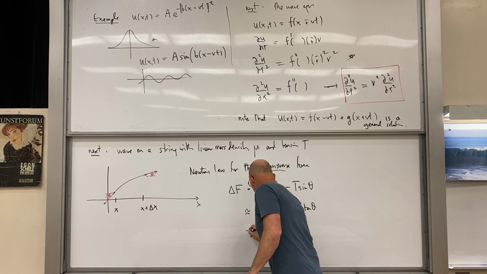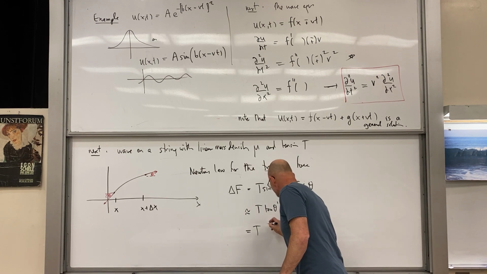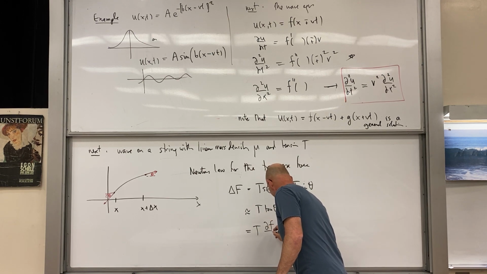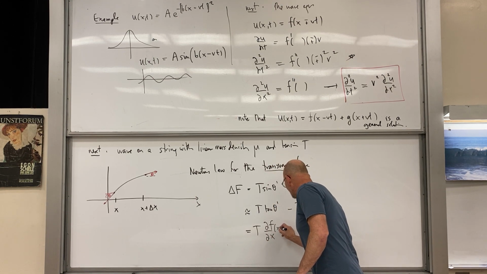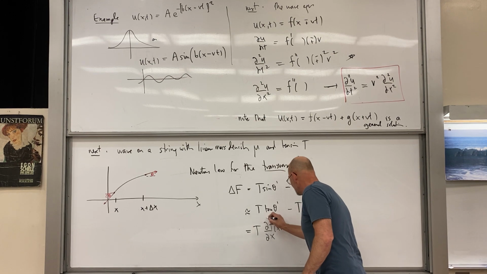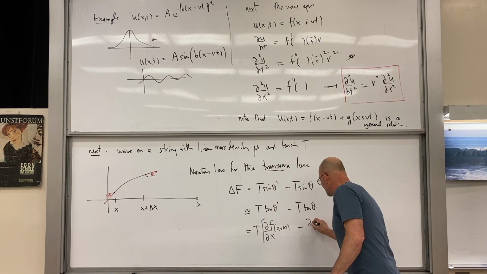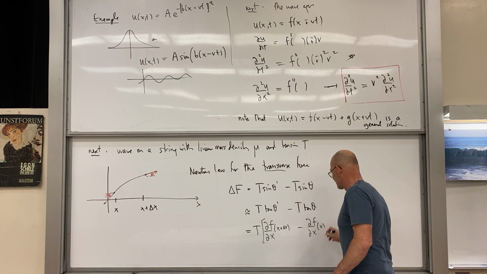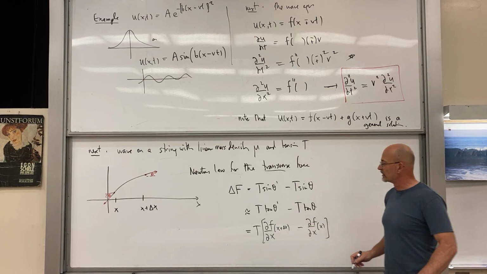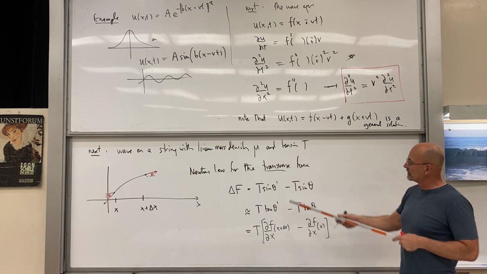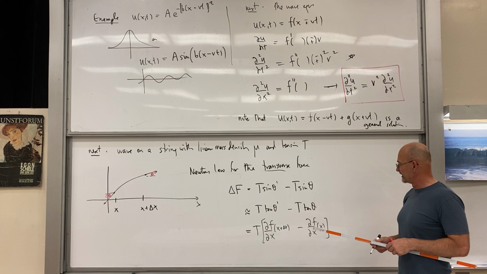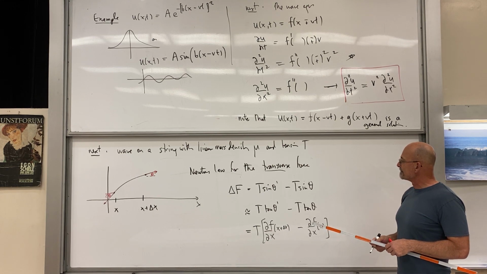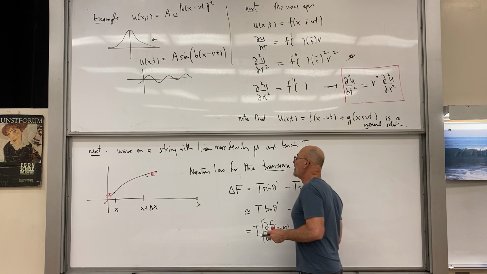So we'll factor out T, and then we'll have df/dx evaluated at x plus delta x minus df/dx evaluated at x. So there's our force. Transverse force, perpendicular to the direction of x. And we'll continue with that.